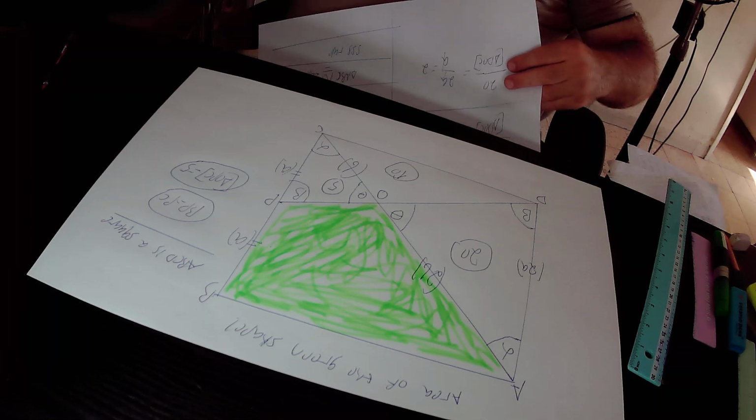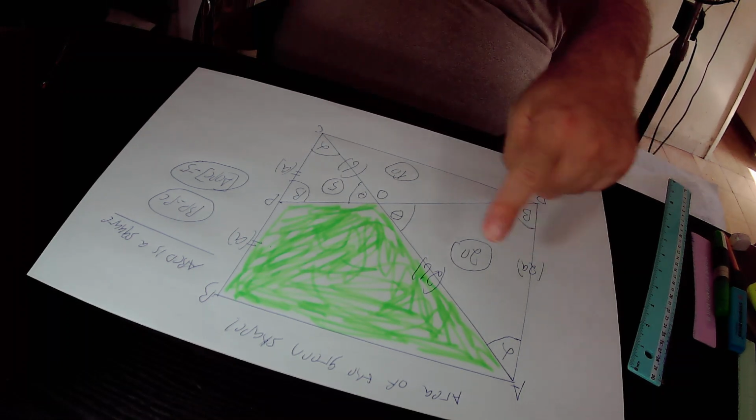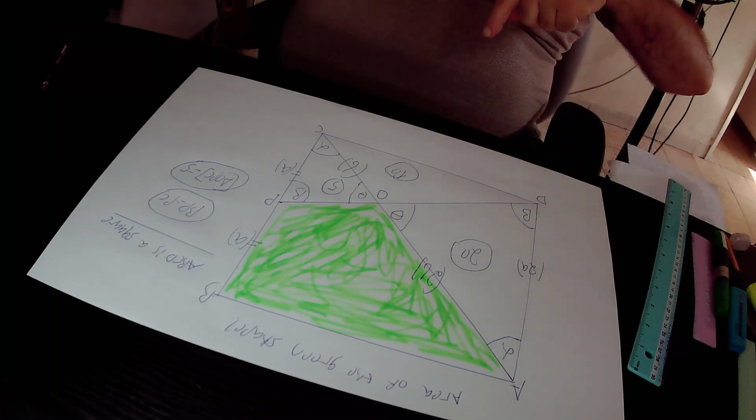So I'll explain here why the right triangle ABC is going to go into the right triangle ADC.